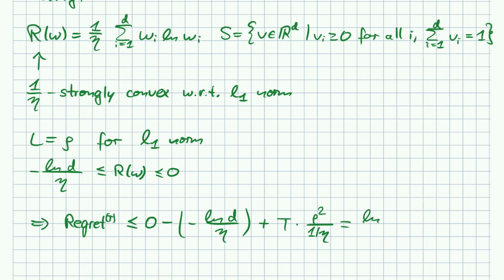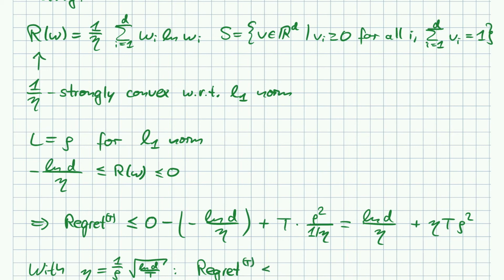So what we're getting here is ln(d) over eta plus eta times T times rho squared. And with eta being equal to 1 over rho times the square root of ln(d) over T, this regret bound will be 2 times rho times the square root of T times ln(d).